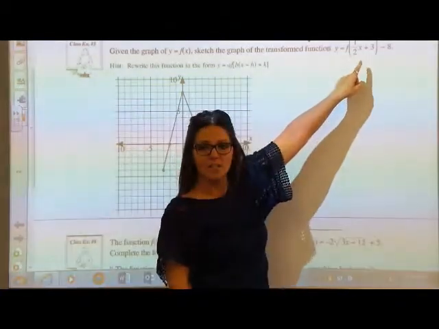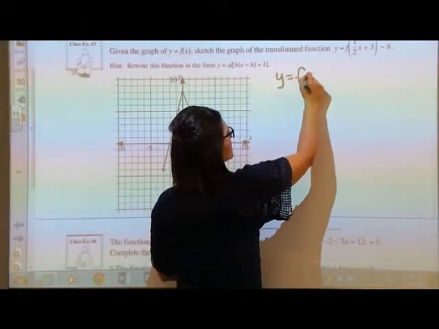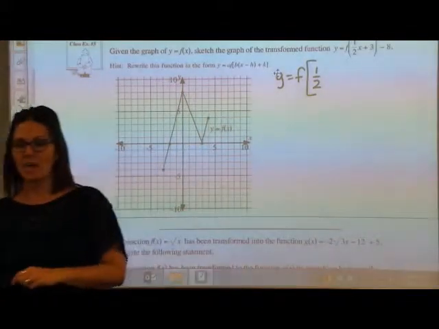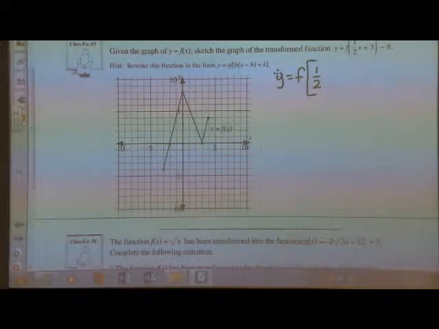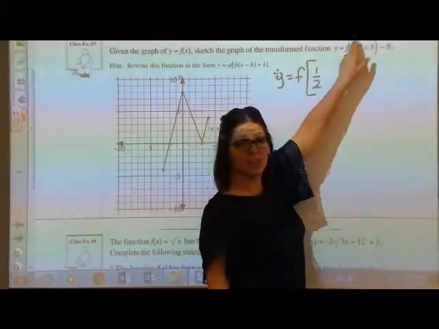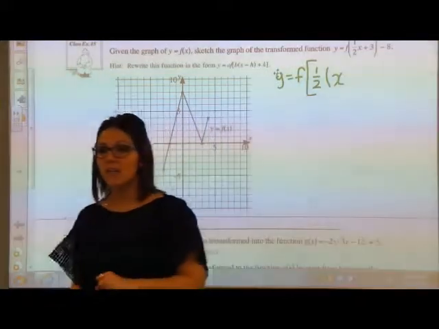So what I want to do to this equation is rewrite it and take out that 1/2. I want to remove that coefficient. So that's factoring a 1/2 out of each of these terms. Then I'm left with a 1x.